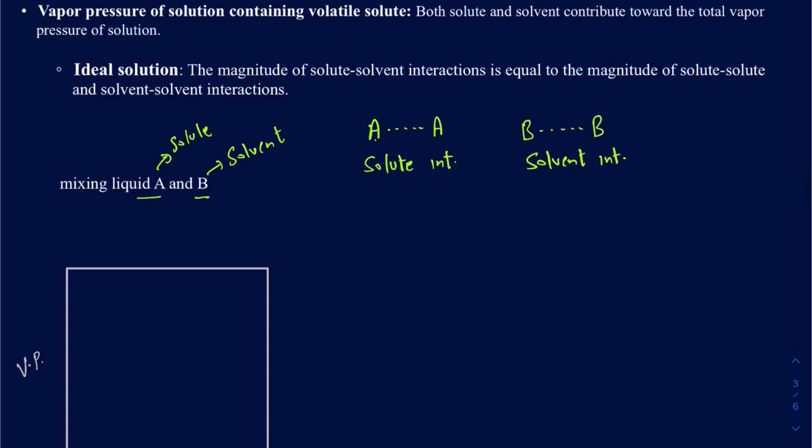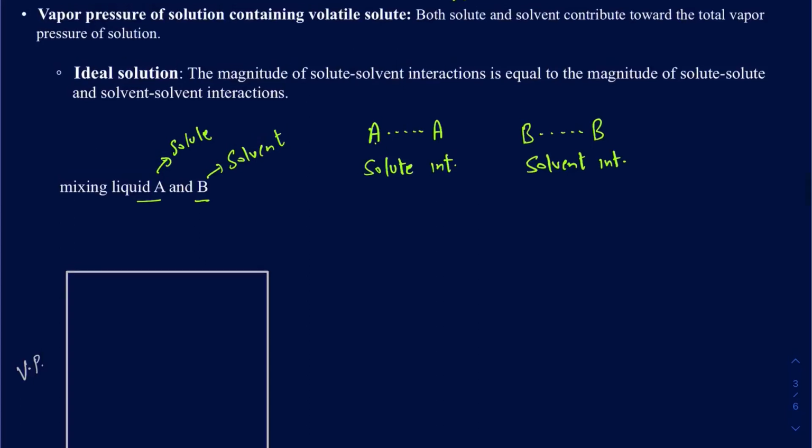Now, when you do mix A and B, in addition to those AA and BB interactions, you're going to be making AB interactions as well. So those are going to be your solute-solvent interactions. Dealing with a volatile solute is a little bit difficult because you've got multiple interactions to deal with now.